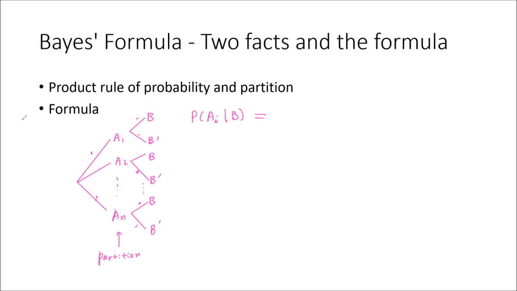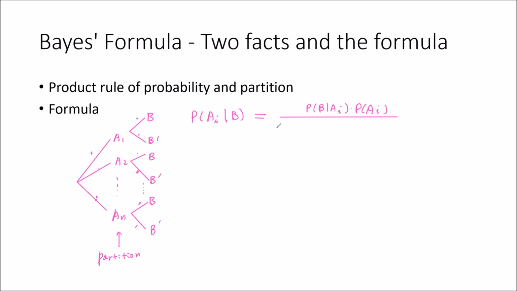The formula is given by sort of a big fraction. The numerator would be the probability of B given A_i times the probability of A_i.